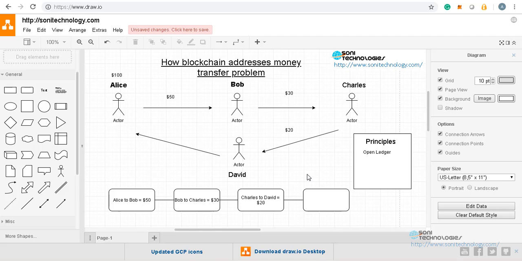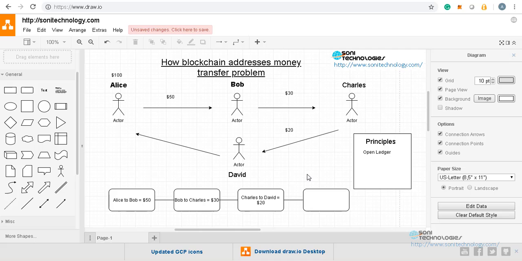So what it gives us is that everyone who owns the network can see where the money is and how much money each one has in their pocket. Second, everyone can decide whether a transaction is valid or not. So this is our first principle: open ledger. Whenever a transaction happens among persons, each transaction will be recorded in the open ledger.